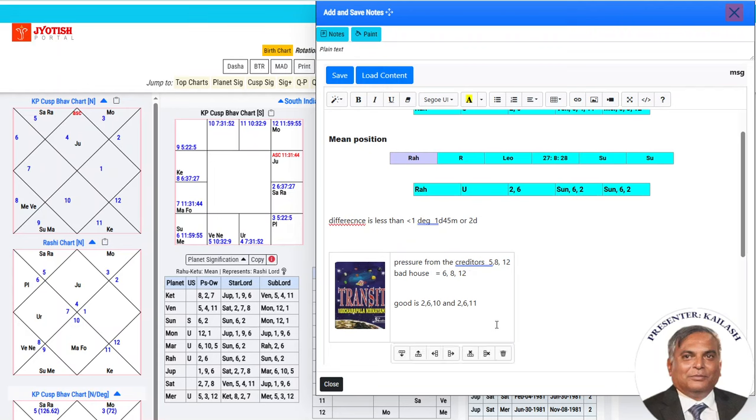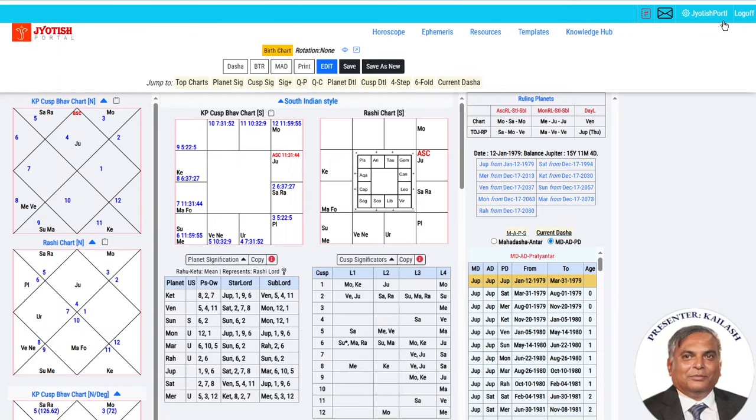So when you have a dasha and antar that indicate these bad houses, then the person is going to go through some kind of mental strain regarding material things: finance, business, job, those kinds of things. So in this horoscope, let's grab a part of the dasha.